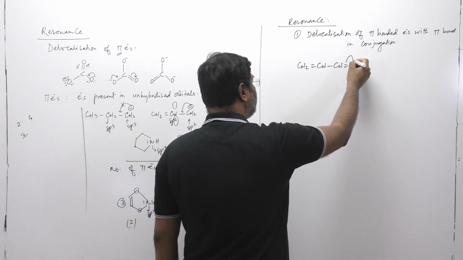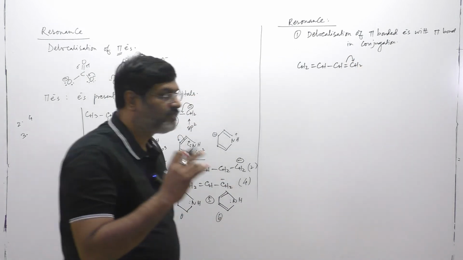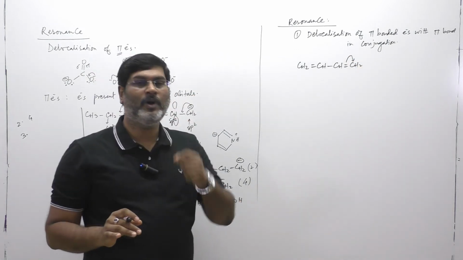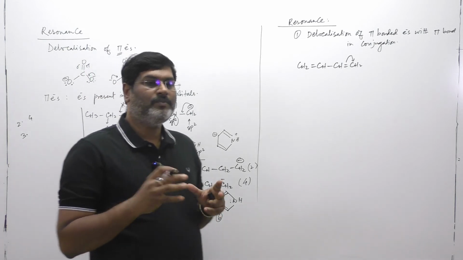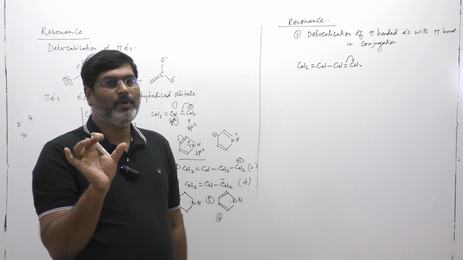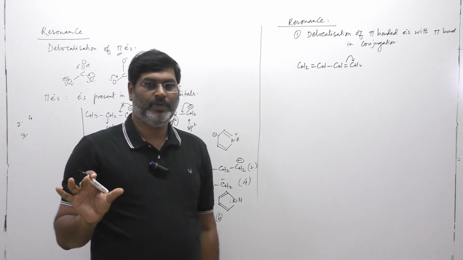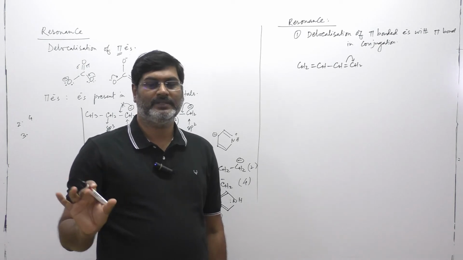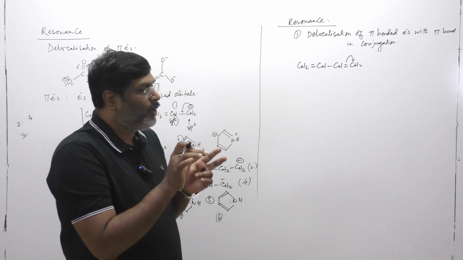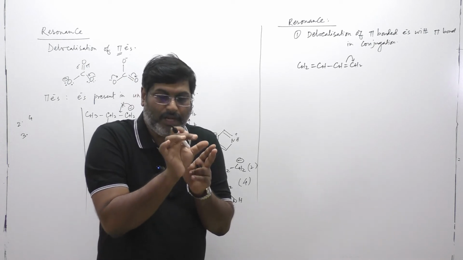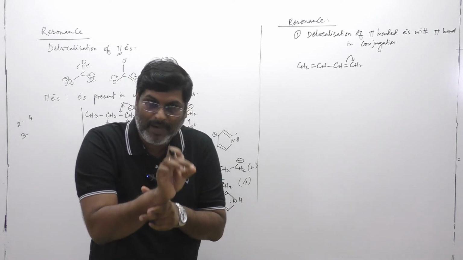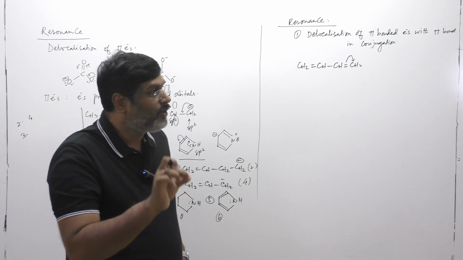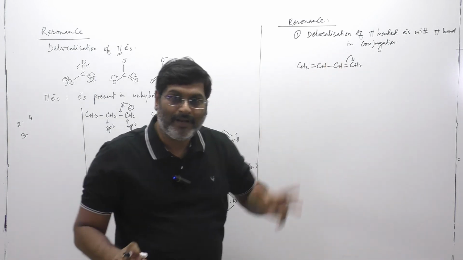We write an arrow, and the arrow is also very important. What is the meaning of this arrow? The meaning of this arrow is that this pi bond breaks down. Both electrons of this pi bond will now be on this carbon atom only.